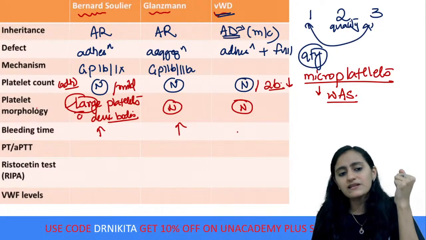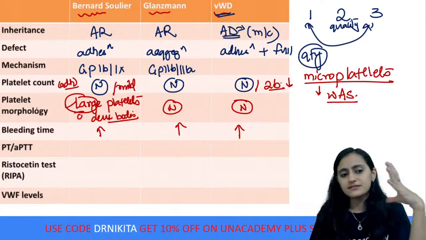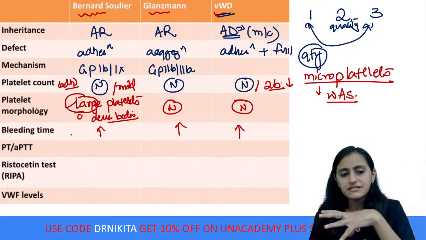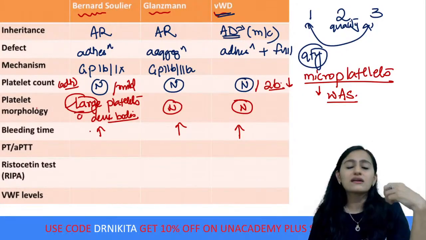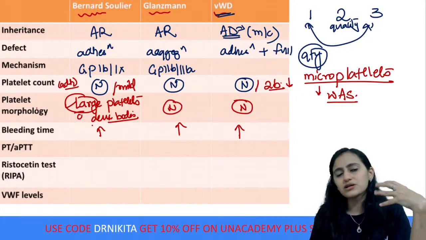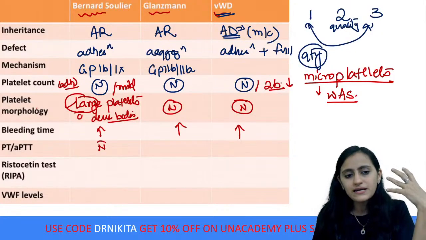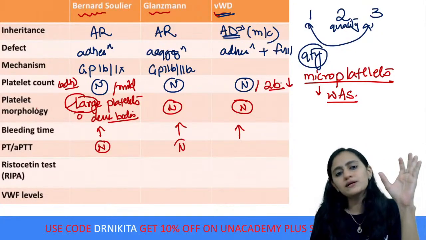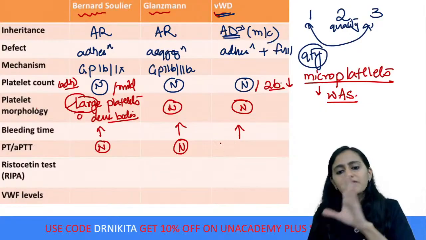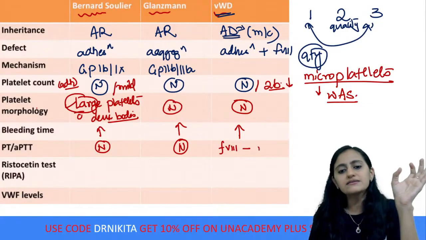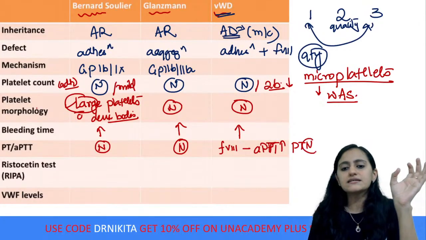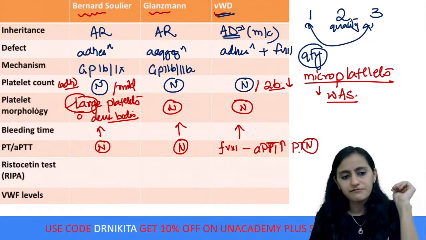So bleeding time will increase in all of these. PT, APTT. PT, APTT are markers of your coagulation factors, the clotting pathway. Normal in Bernard-Soulier, normal in Glanzmann. In von Willebrand, because of factor 8, it is your APTT which is increased. PT is normal, intrinsic pathway affected.